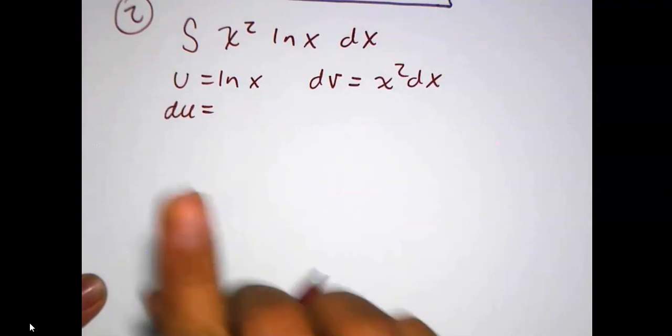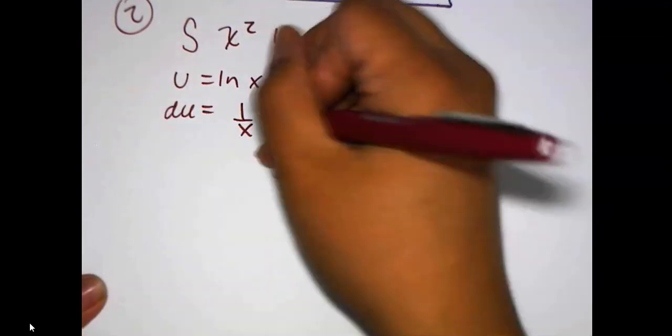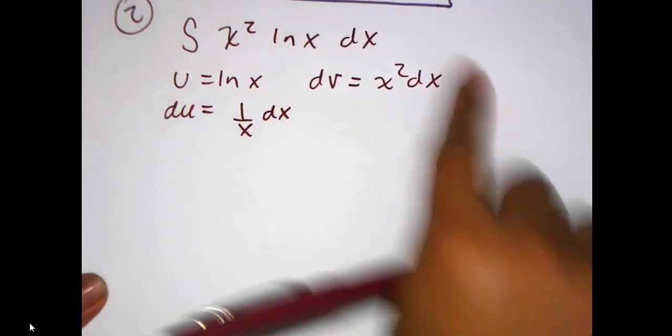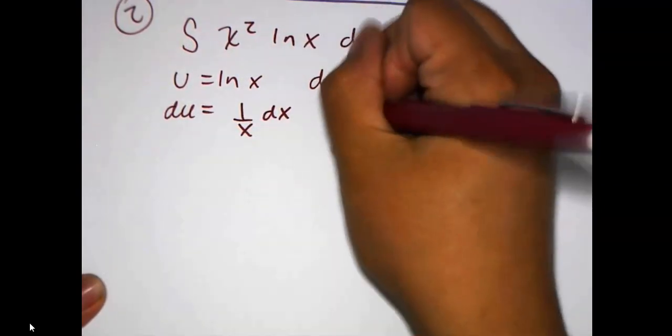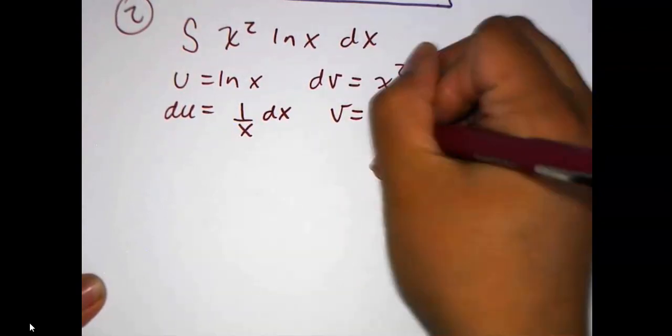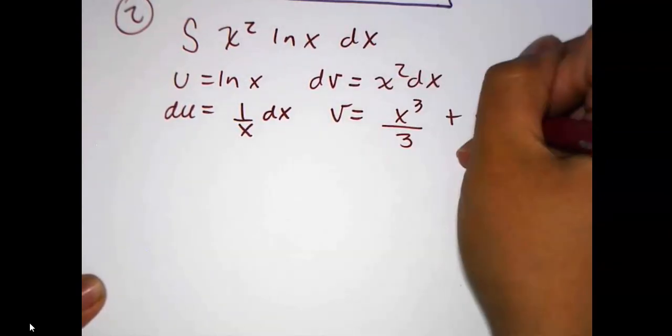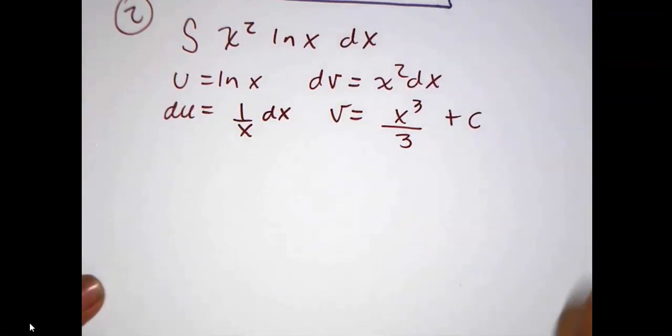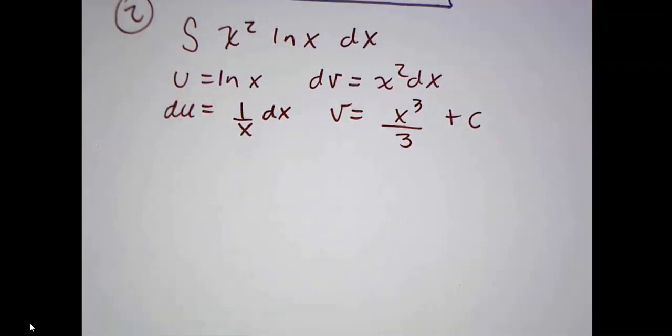Du, the derivative of natural log of x, is 1 over x dx. To find v, we take the integral, we add 1 to the exponent, divide by the number. Okay? I guess I can put plus c, but we don't need it right now. We'll need it at the very end.